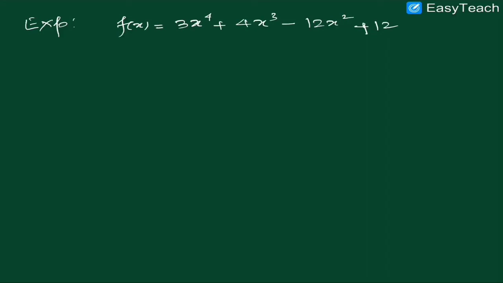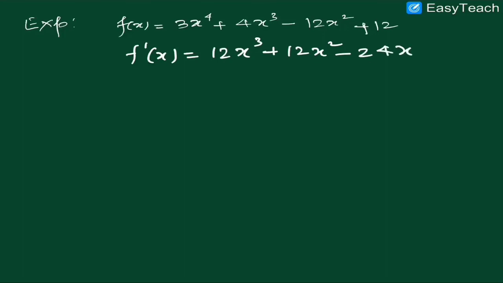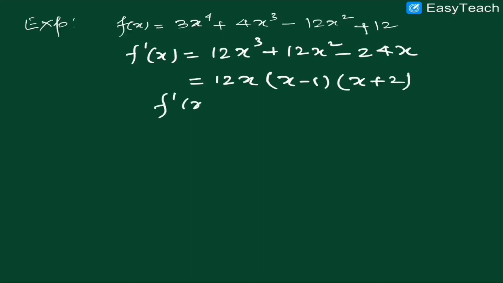So take the function f(x) is equal to 3x power 4 plus 4x cube minus 12x square plus 12. Now in the first step we differentiate this function. So we get f dash x is equal to 12x cube plus 12x square minus 24x, which is equal to 12x within bracket (x minus 1) into (x plus 2).